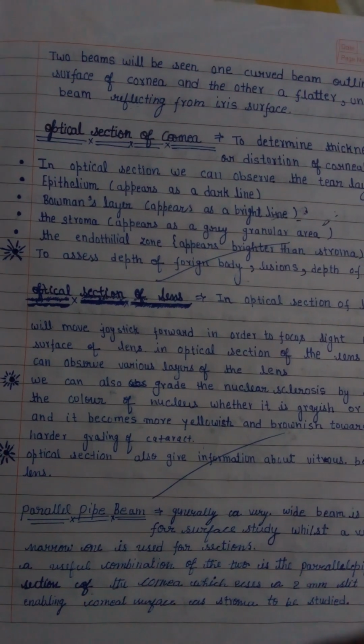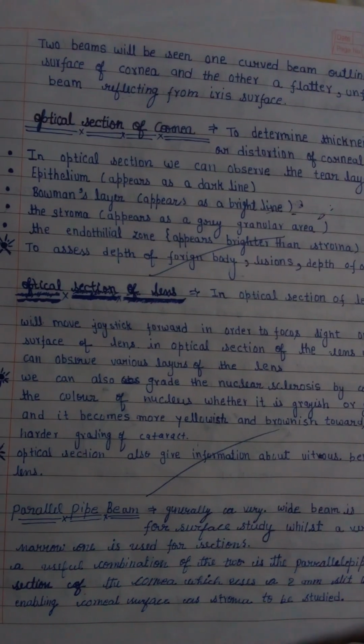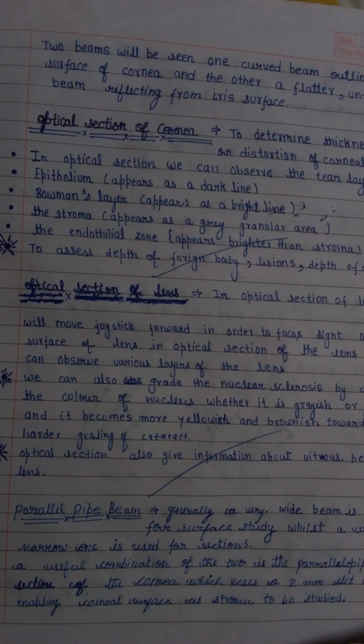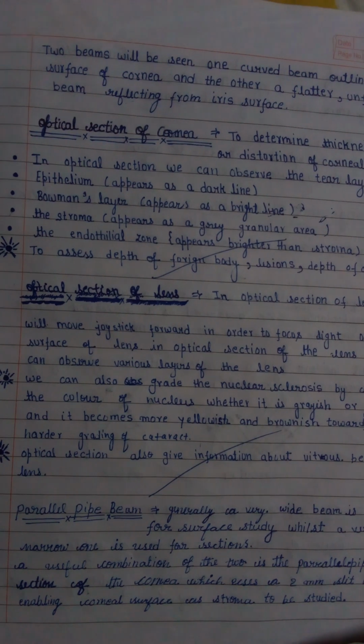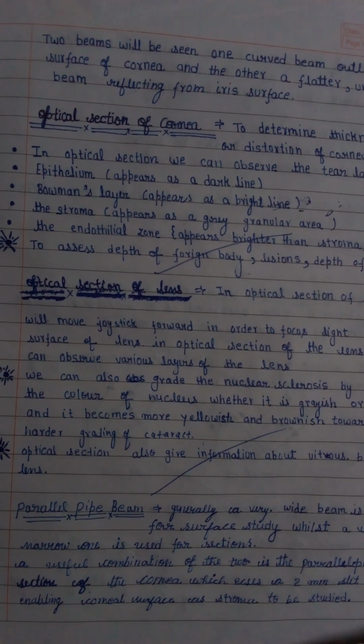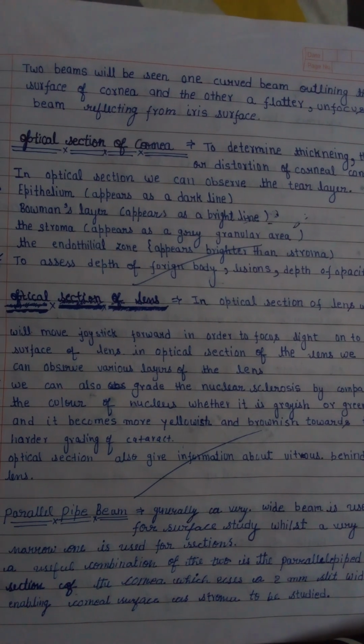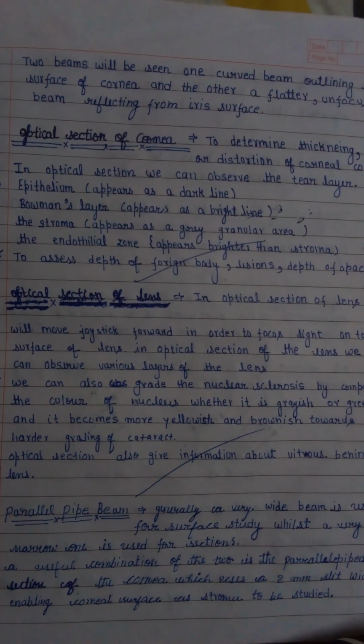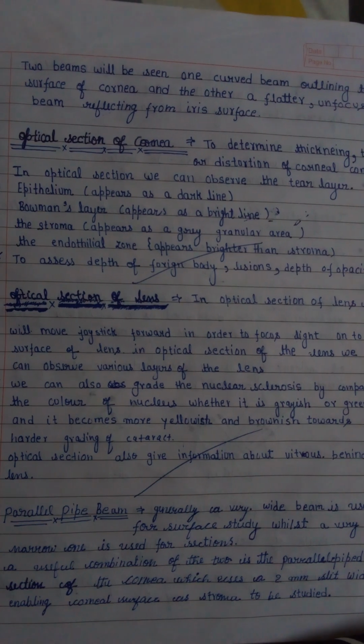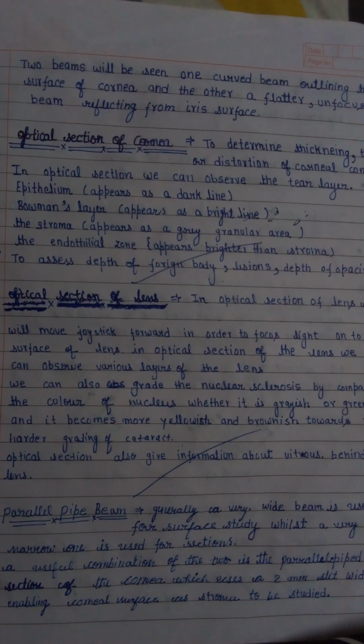So most of the area is granular, and you can see this is the stroma layer. The endothelial zone appears brighter than stroma. Endothelium is the last layer of the cornea and it appears brighter than stroma.